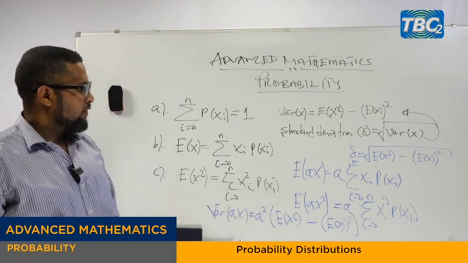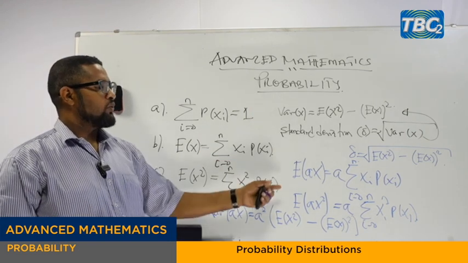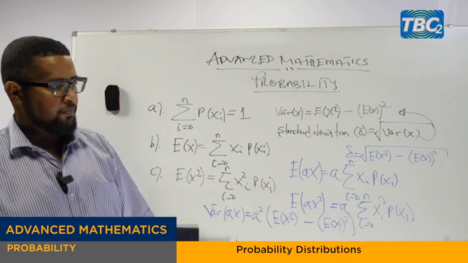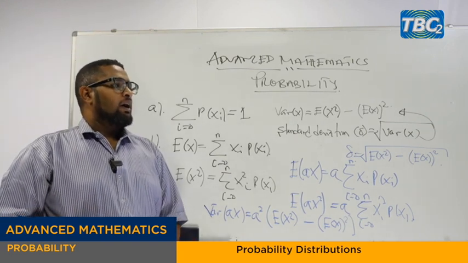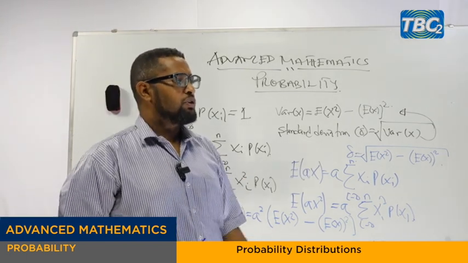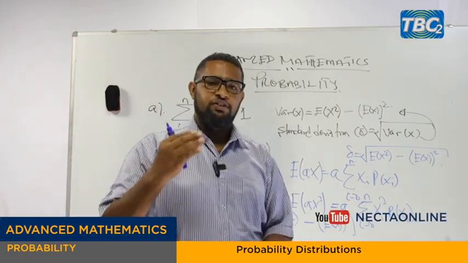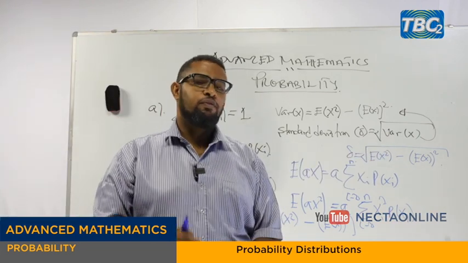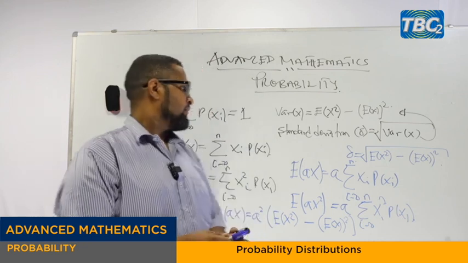Those are the formulas normally used when you are dealing with discrete random variables. Because we'll look also at continuous random variables, let's check again the formulas that are used in continuous random variables before looking at examples.